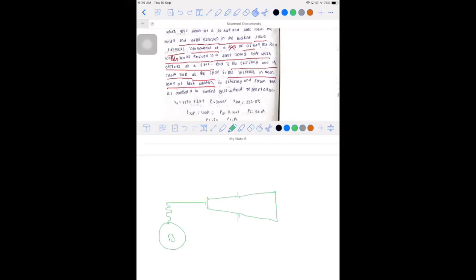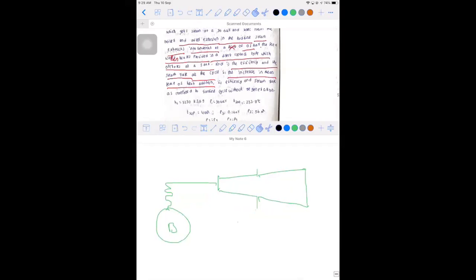This is the turbine you have. This is the state one, and 1 kg.